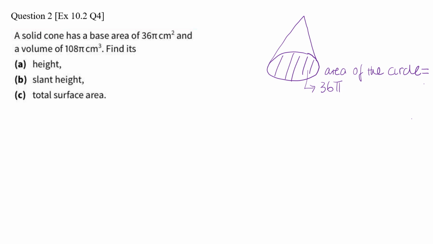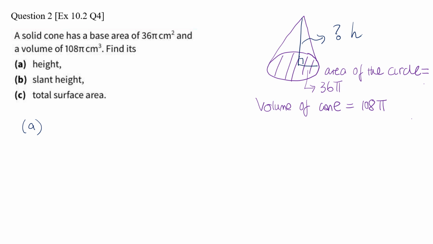And then you're given the volume of the cone to be 108 pi. You're asked to find the height. So this is the question mark. We're going to let the height be h. To find the height, we just have to make use of the volume of the cone.